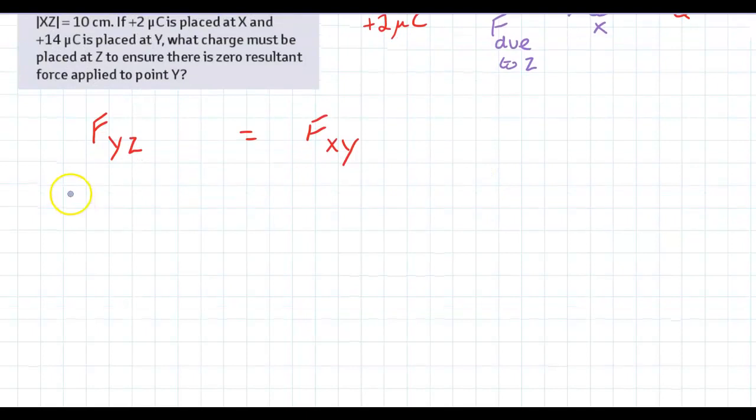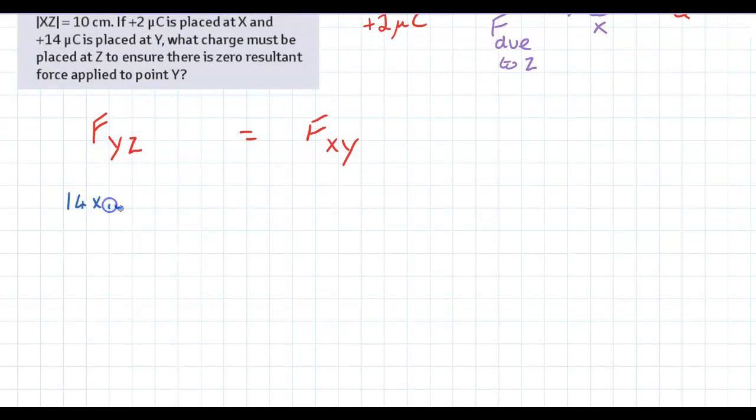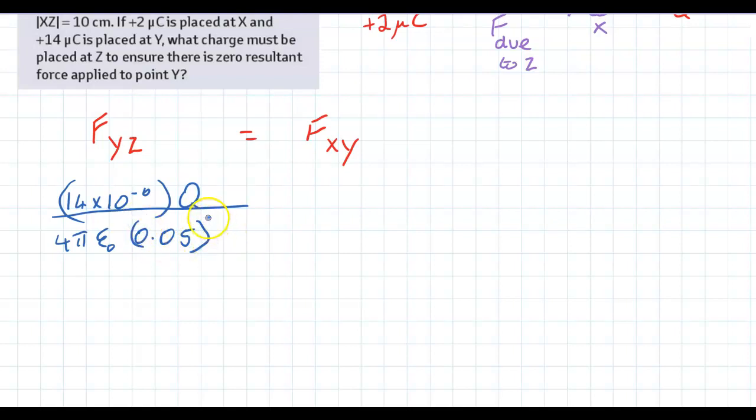So that's going to be 14 by 10 to the minus 6, and we'll call Z just Q, all over 4 pi epsilon naught. I'm not putting in what epsilon naught is for the time being, because we are going to be able to cancel that and get rid of it in a few minutes. And the distance is 5 centimeters, so that's 0.05 of a meter, to be squared. So that's my force between Y and Z.